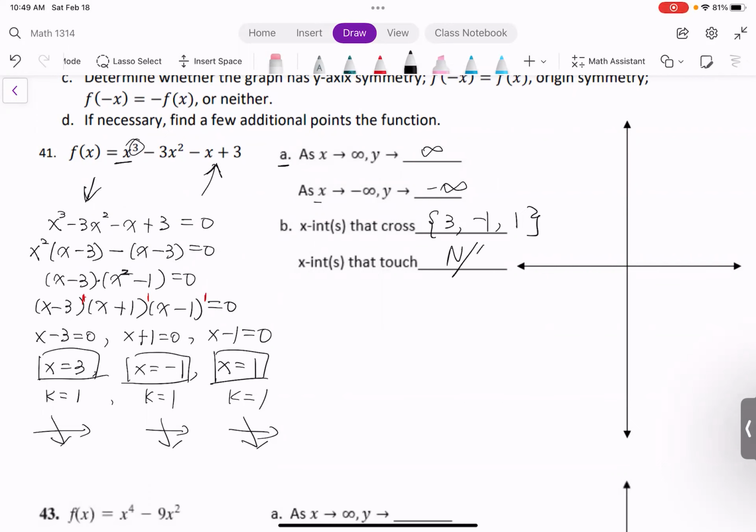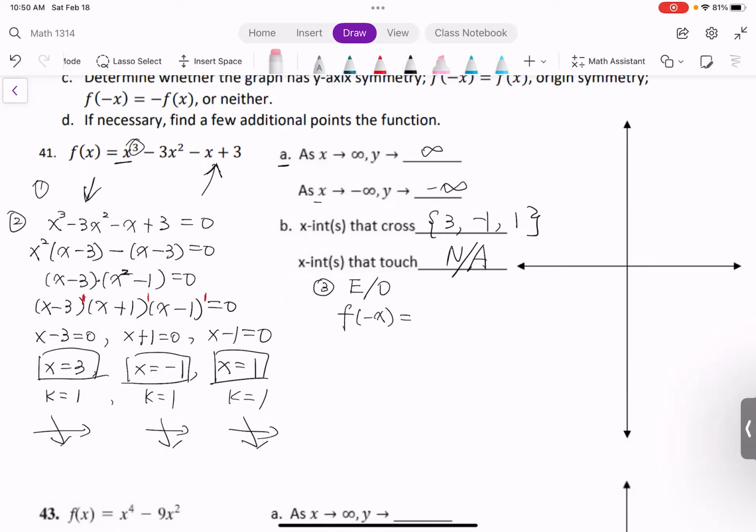There's no touch. So next, let's decide even or odd. First we decide the behavior of both sides, second we find the x-intercepts, third we decide even or odd of the function. Let's find f of -x.